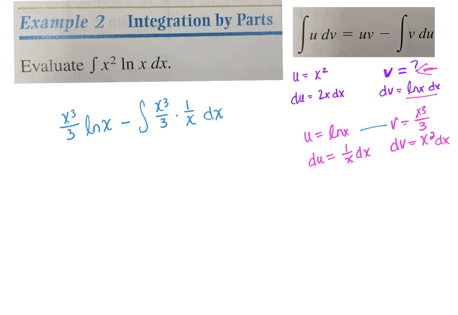I can actually take that antiderivative, right? I can simplify it. My x's will cancel here. So I end up with the first part, x cubed over 3 ln of x, minus the antiderivative of x squared over 3. Well, that's x cubed over 3 divided by 3, which is x cubed over 9, and then plus c.